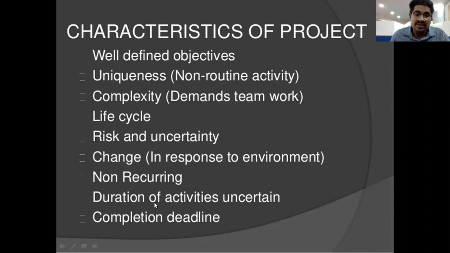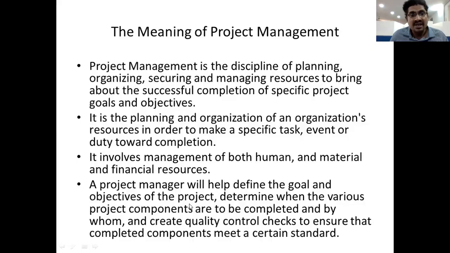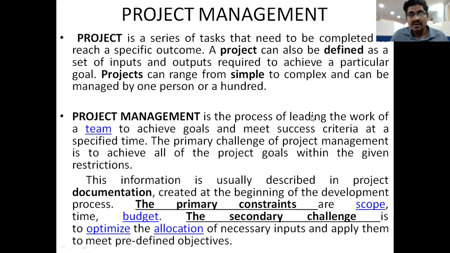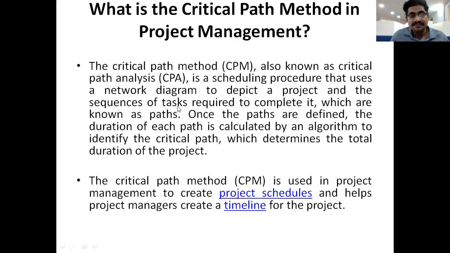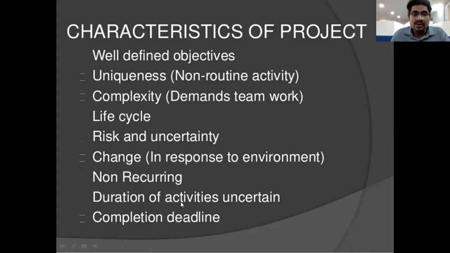Next, the duration of activities is uncertain. Already I told you in the previous slide, it leads the time. Look at this: pre-decided tasks. Before starting a project, we should plan pre-decided activities or future courses of action.